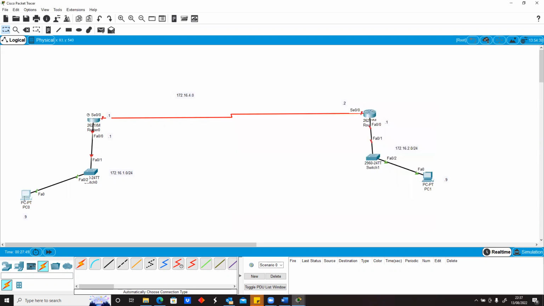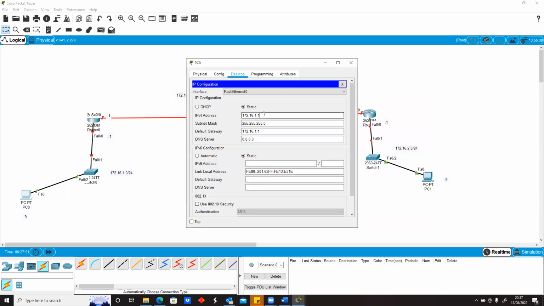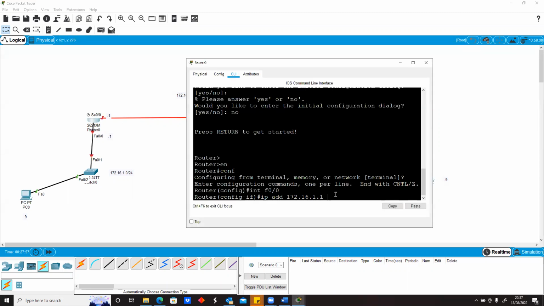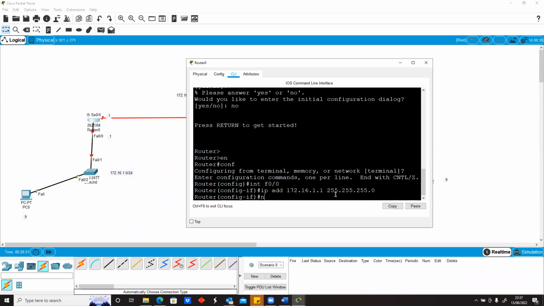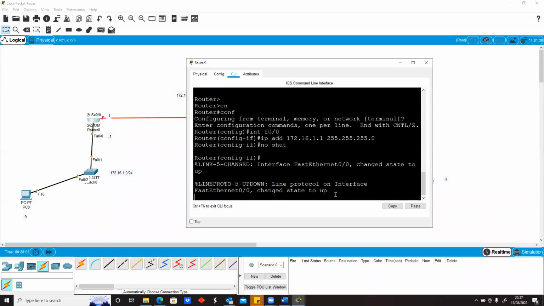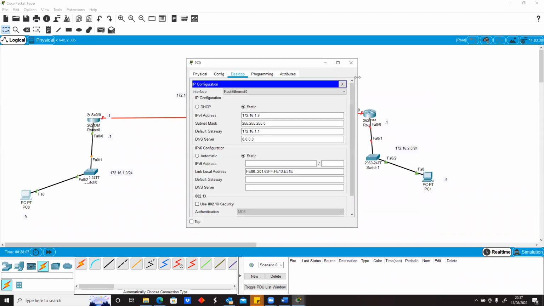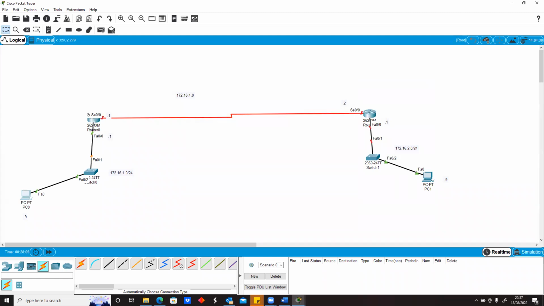I think I put the wrong IP address here. Let me see. This is 9, not 1. So yes, and that is .1.1 with the subnet mask of 255.255.255.0, and I'll do a no shut. And so it means that the IP address, let me look at the default gateway. That's fine. And so here, this is done.